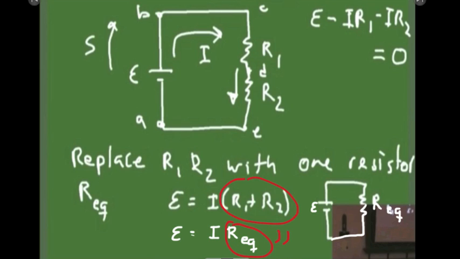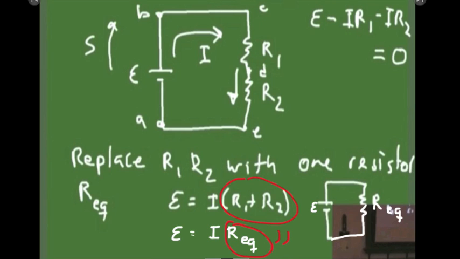So if I want these two circuits to be equivalent, that is, to have the same current for the same EMF, then clearly this number is going to have to be equal to this number. The equivalent resistance I'm going to use has to be the sum of the two resistors, right?